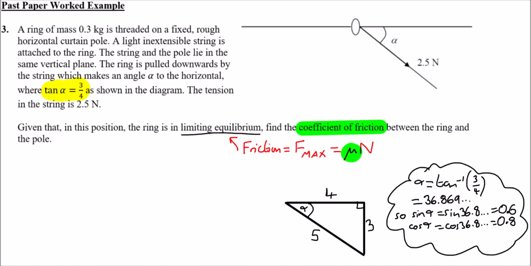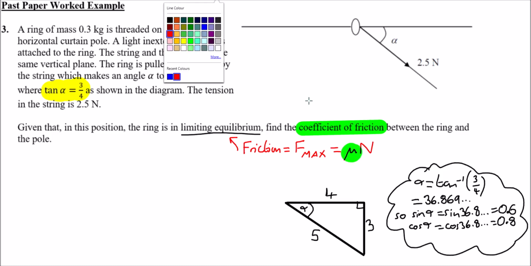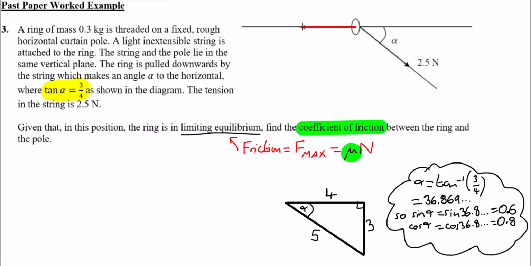Friction will always act to resist motion. So in this case here, friction will be acting opposite in direction to this force here, but it'll be acting along this pole. So the pole, which is rough, will be providing a frictional force going the other way. Otherwise, if it didn't, the ring would slide along in this direction. And so F max is acting this way, and that's going to be mu N.